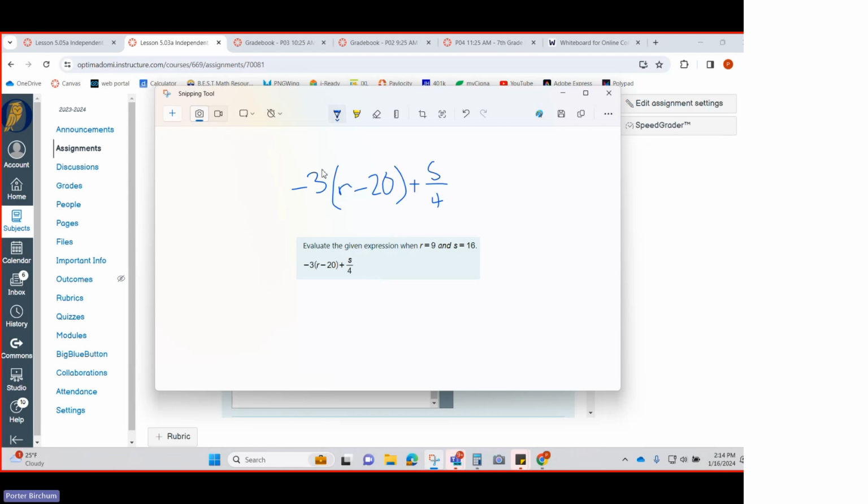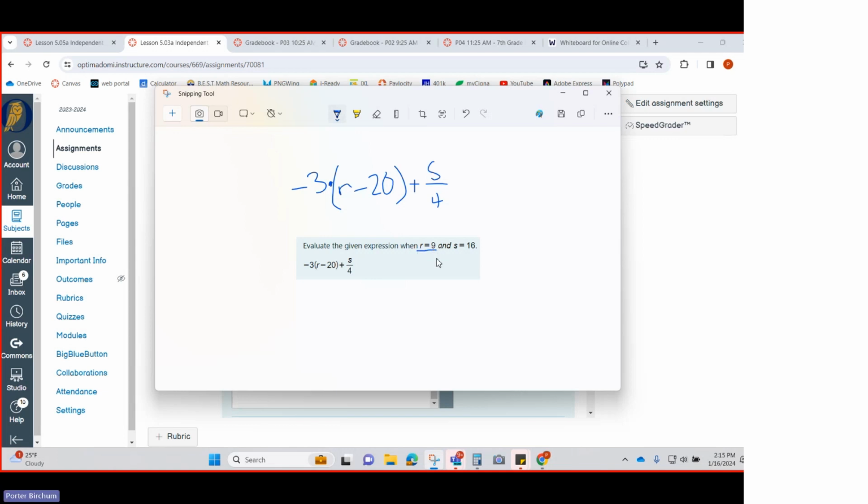What does it mean when there's a number right next to a parentheses? Nice. It means we times. Good. What does it mean when something is on top of something else? Nice. It means divide. So S on top of 4 also means S divided by 4. Now, let's replace the letters with the numbers that the problem tells us.